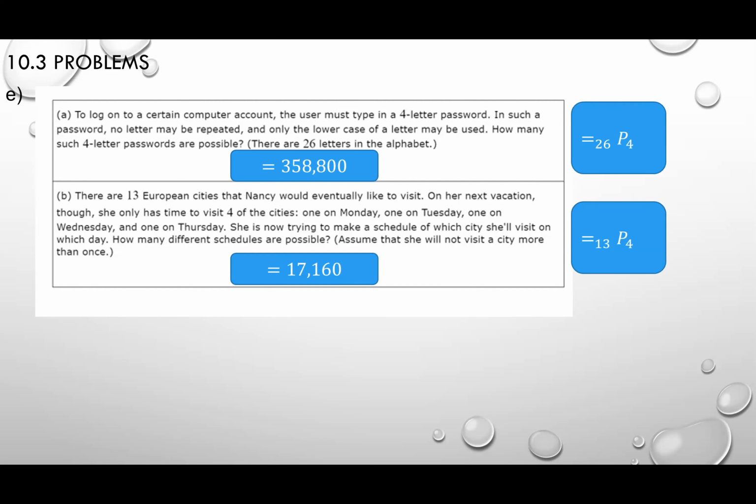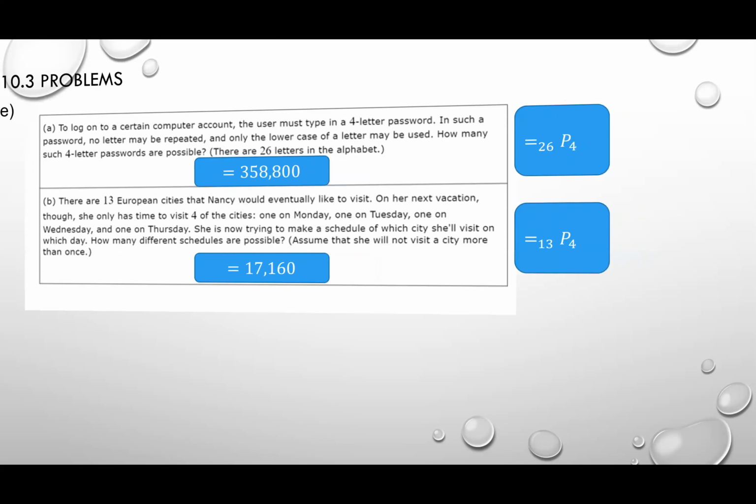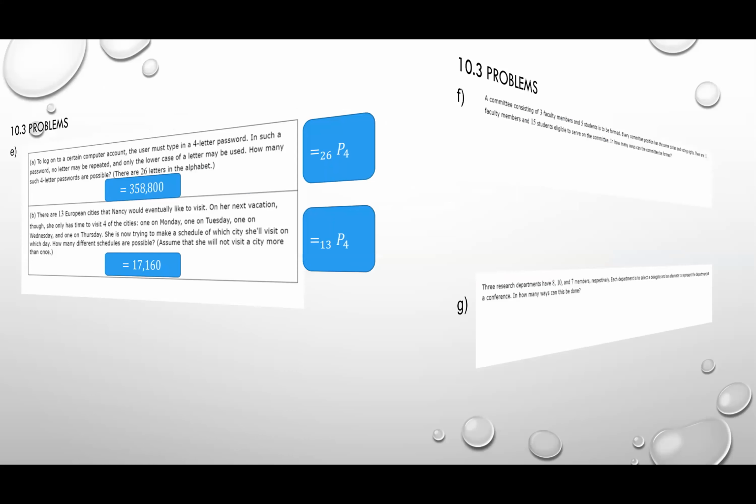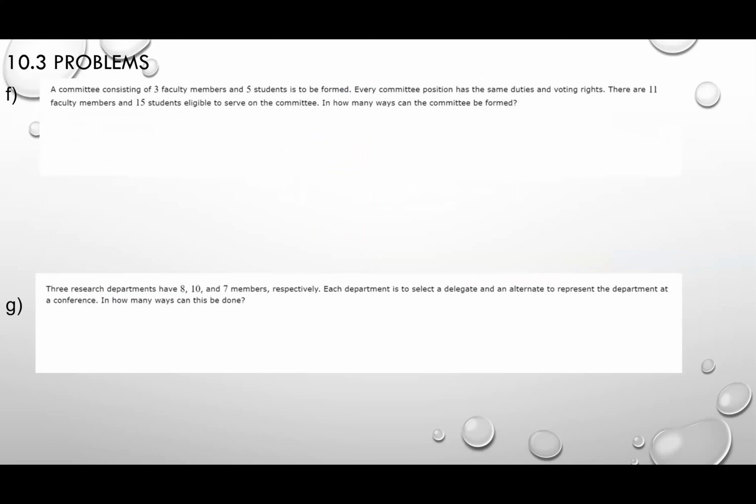Well, let's see if I can do one more slide after this. The next thing that I want to go over with you guys is, once you determine the combination and permutation, the next thing that you need to ask yourself is, do they give you multiple items?